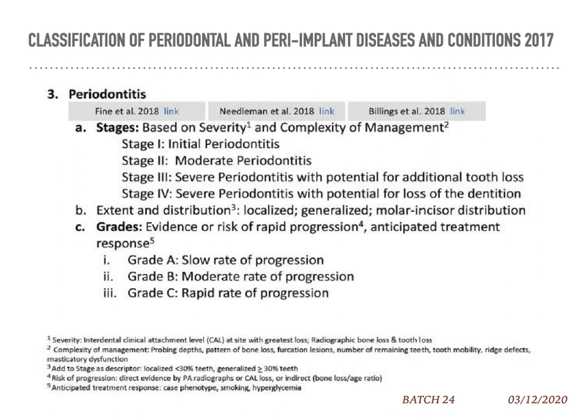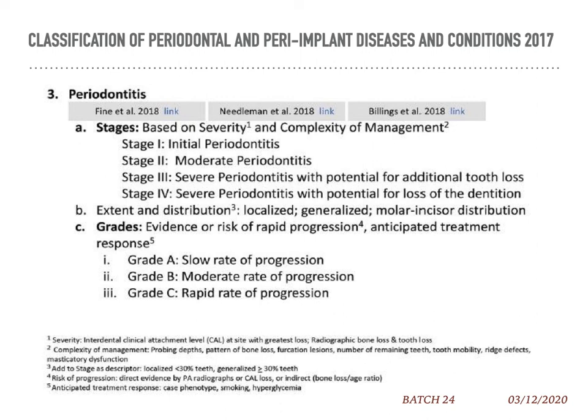When it comes to the 2017 classification of periodontitis, the classification has been completely changed. Periodontitis was not classified as chronic and aggressive, but it was classified based on the severity and complexity of management. It is classified into stage 1, stage 2, stage 3 and stage 4.